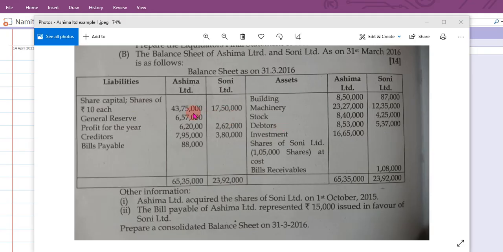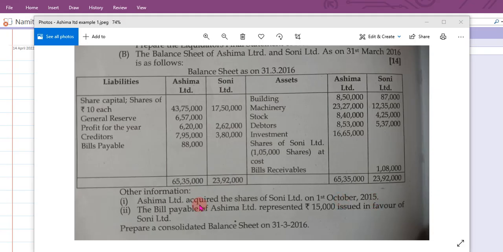Now how many shares of Sony Limited has Anshima Limited acquired? Anshima Limited is the holding company and has acquired the shares of Sony Limited on 1st October 2015.